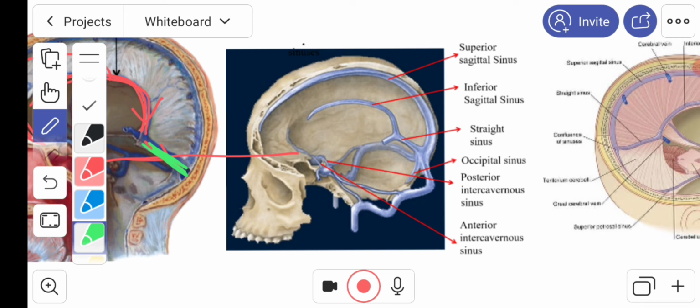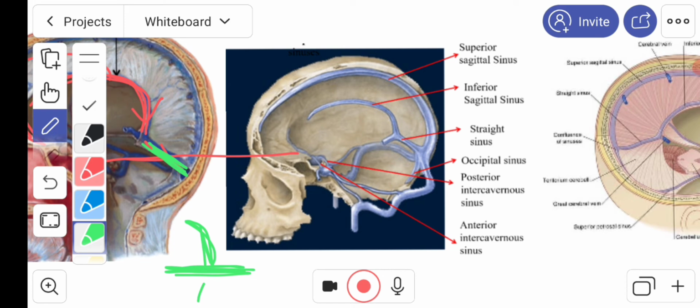If we understand an inverted T, this is the falx cerebri and this horizontal portion is made by the tentorium cerebri. It is a tent-like partition between the cranial cavity.